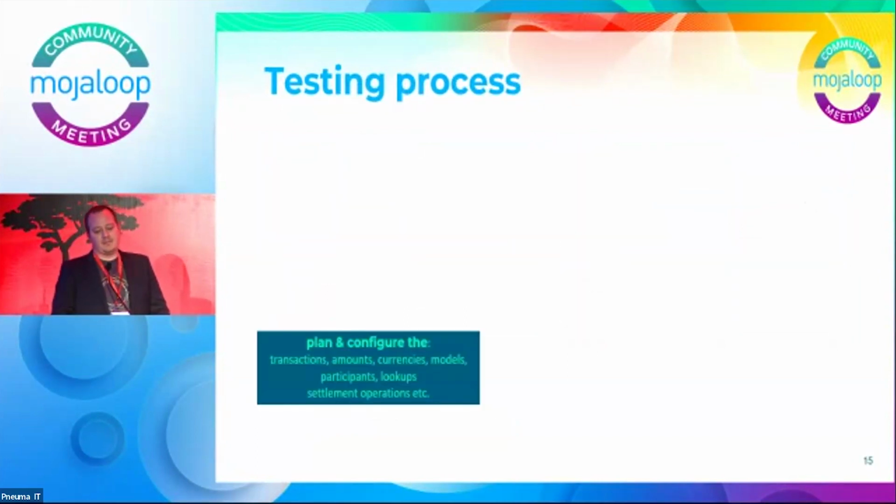So, the testing process. There are 3 phases that we have designed. The first is the planning. Before you run the tests, even as an operator, you want to simulate your exact settlement process to see whether settlement, your hardware and the whole settlement service cater for your needs.